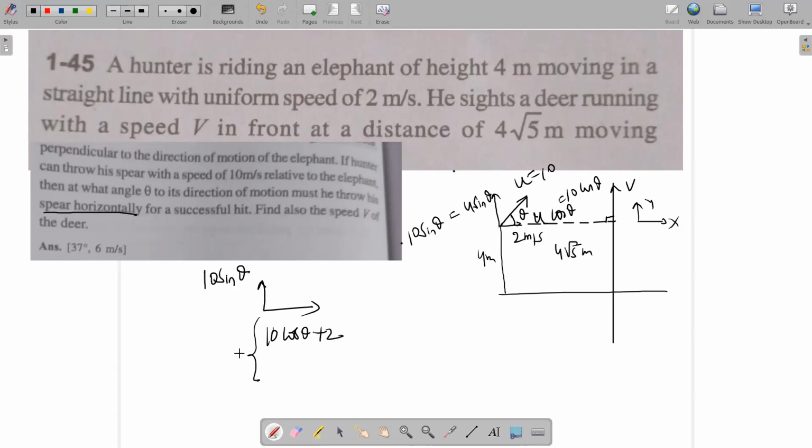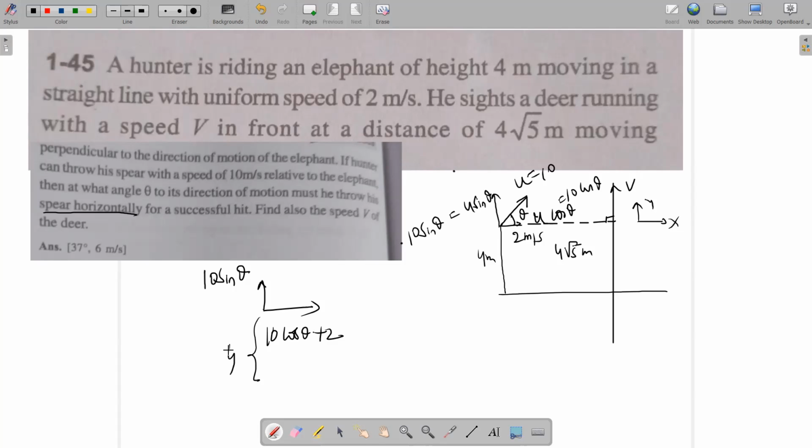And this is your z direction, 4 meters. Now you can see that you have thrown your spear horizontally. Now that will go and hit the deer on the ground, right? You can think that the spear will free fall 4 meters because there is no force along it, because you have thrown that spear horizontally, right?